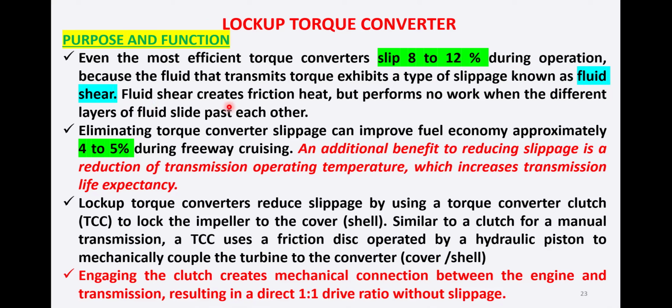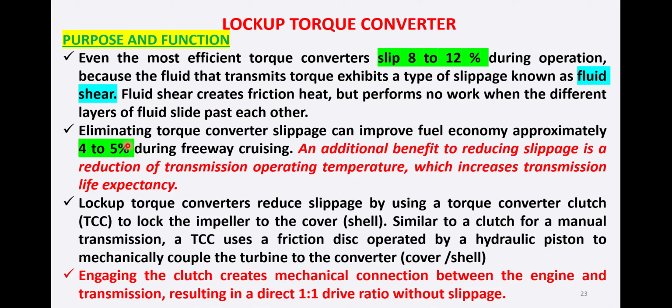Fluid shear creates friction heat, but this heat performs no work when the different layers of fluid slide past each other. So we have a torque converter slip of 8 to 12% during operation, and this is due to fluid shear, which creates friction heat but takes no part in performing work in the torque converter.